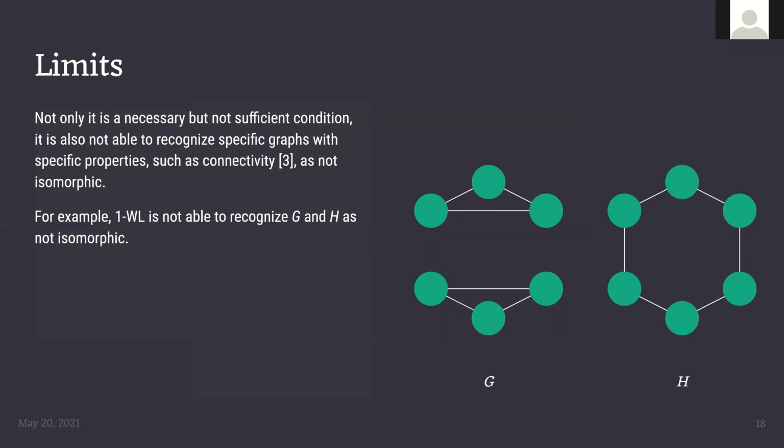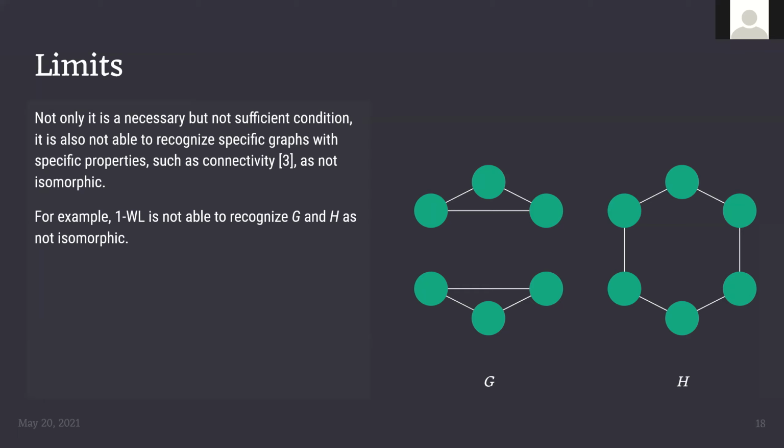Okay, let's go on. This algorithm is pretty cool. However, there are some limitations. Not only is it a condition necessary but not sufficient, but it is also known that there are some specific classes of graphs with specific properties that produce the same canonical label even though they are not isomorphic.